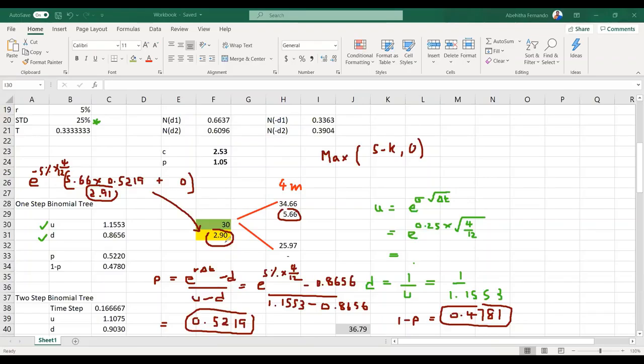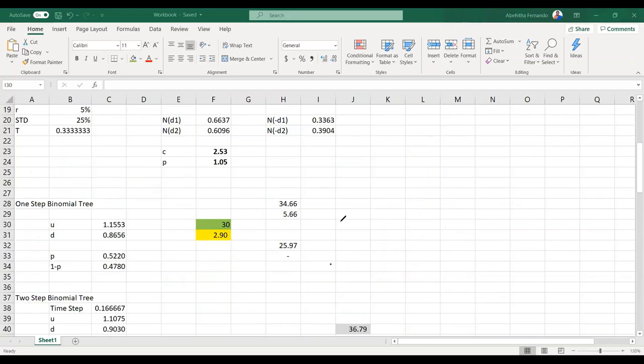So can you raise your hand if you got these answers for this one step? If you got 2.9. Okay. So that would be based on one step.